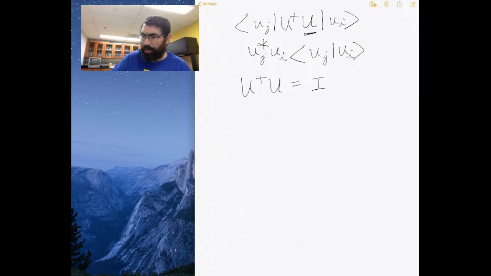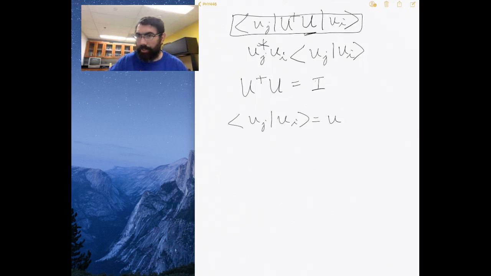So now I can set on both sides that I have the inner product of the j state and the i state on the left, equal to these coefficients, u sub j star times u sub i, times that same inner product again, u sub j and u sub i.